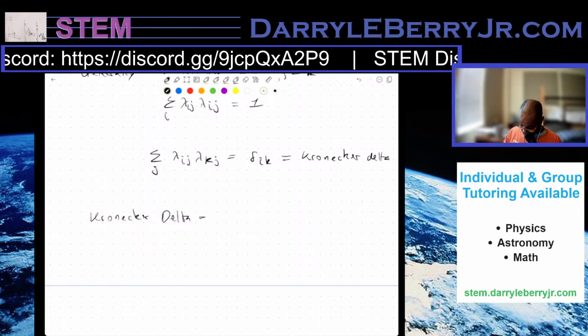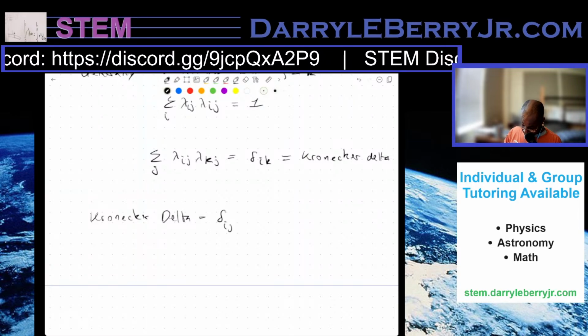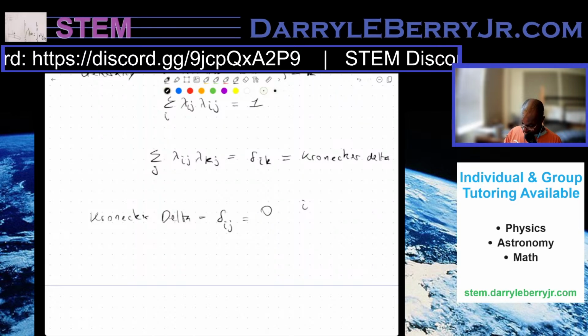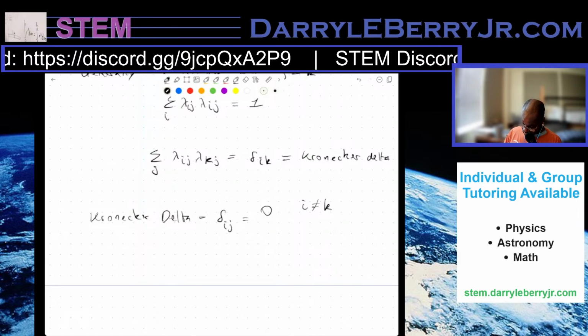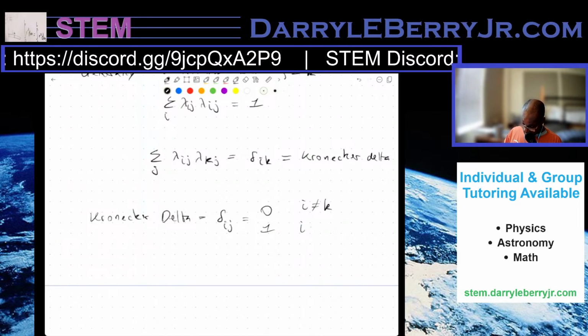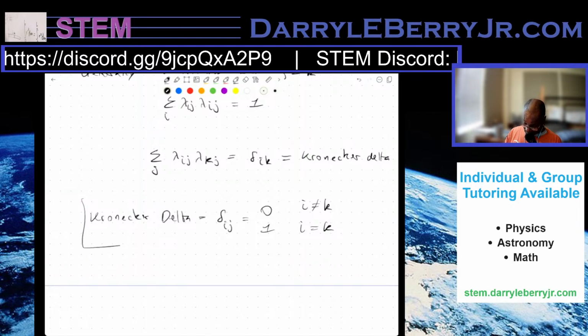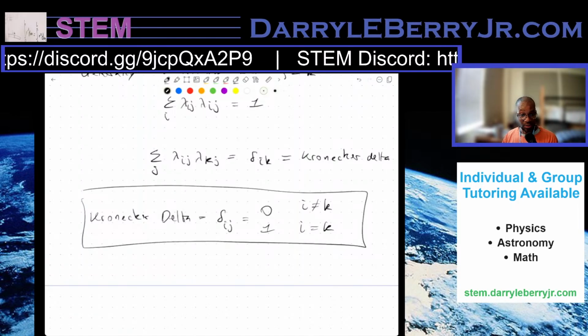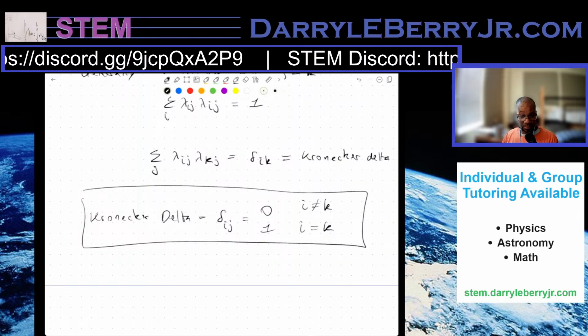The Kronecker delta equals 0 for i not equal to k, and 1 for i equal to k. So I'm still not 100% clear on that, but we'll get there, I'm sure.